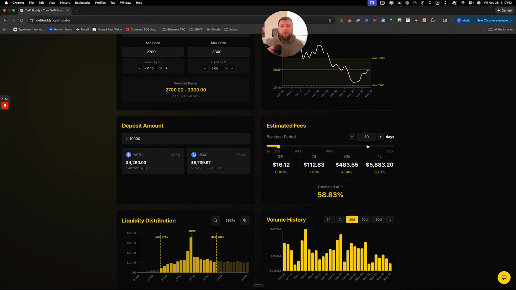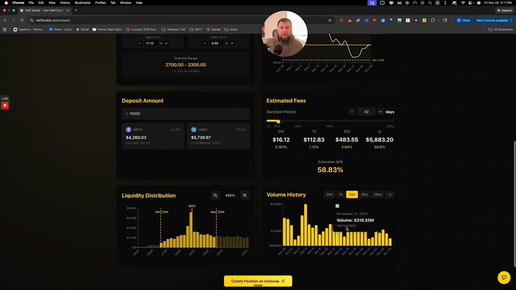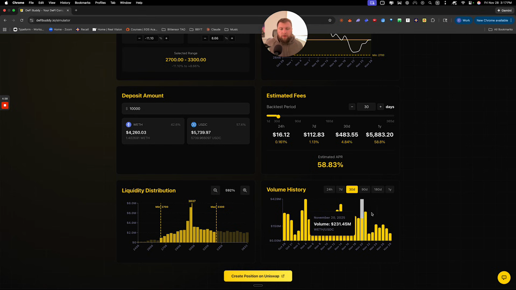So I'm going to look at all of those periods, and we're going to assess, based on the volume history, what estimated returns I can expect based on the data in those various time frames. All I'm trying to look for is roughly what the estimated APR is across all of those different time frames. Okay, so let's do that. I'm going to first start with 2 days. Let's go like this.